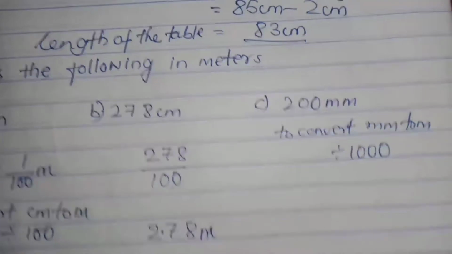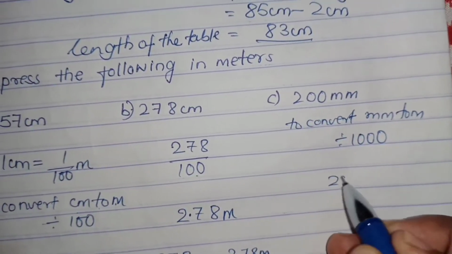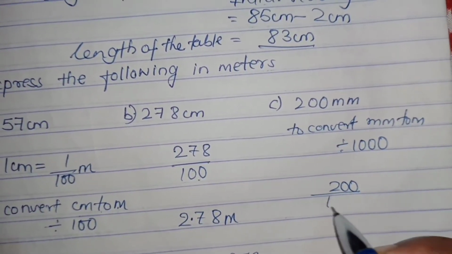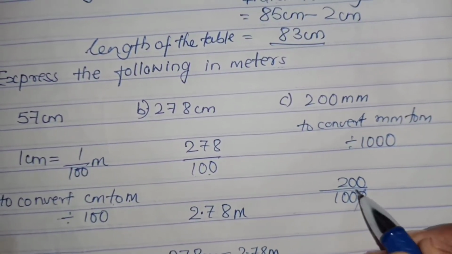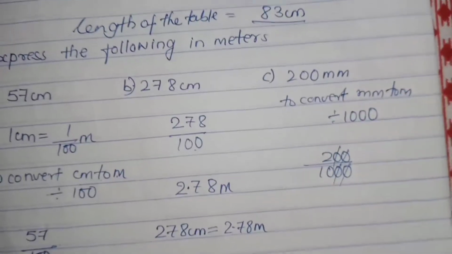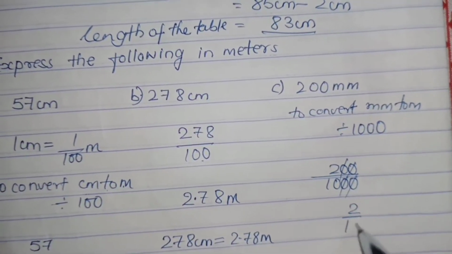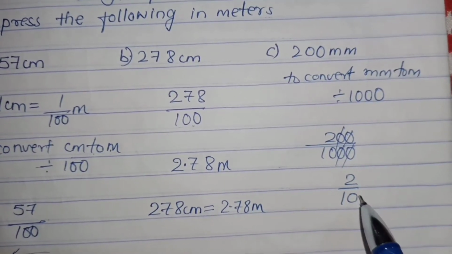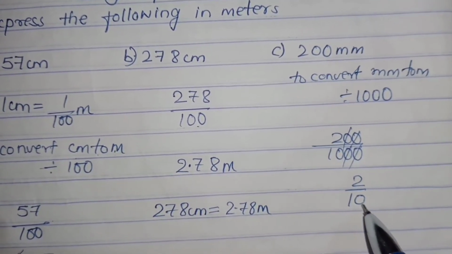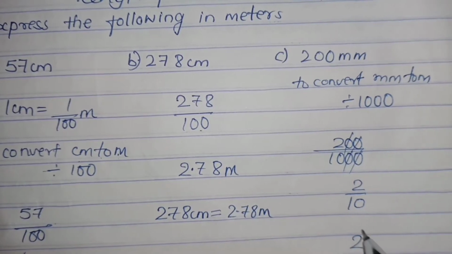Now let's do it. 200 divided by 1000. Now we will cancel these zeros, as I've already told you. Now what is it? 2 by 10. But we want it in decimal, so we'll remove this 10. How many zeros are there? One. So we'll take one jump.